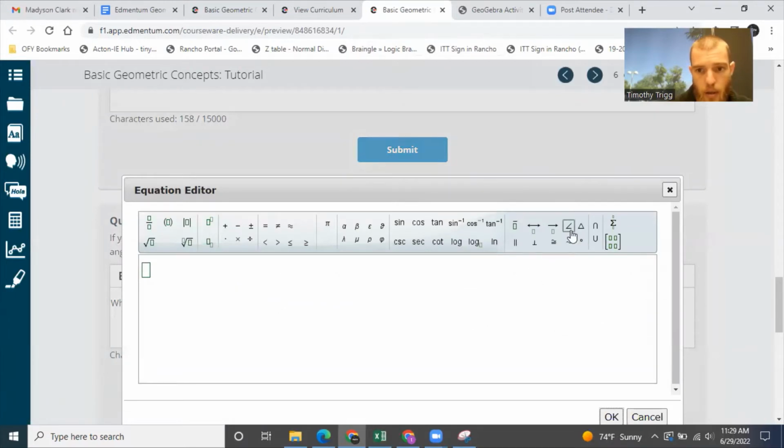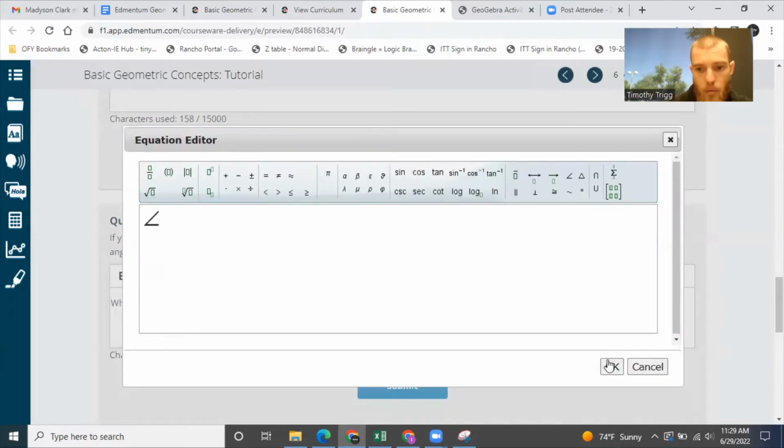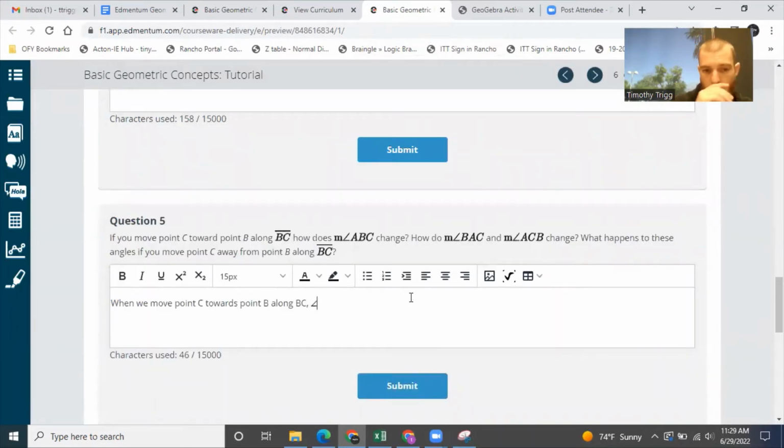I want to do angle. Okay. So the measure of angle ABC, so that's really angle B, remains the same.